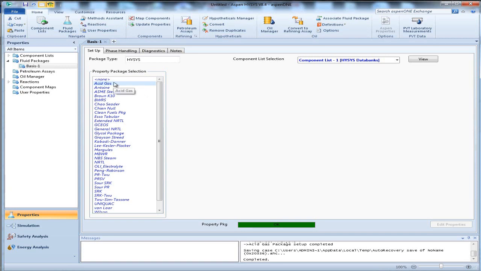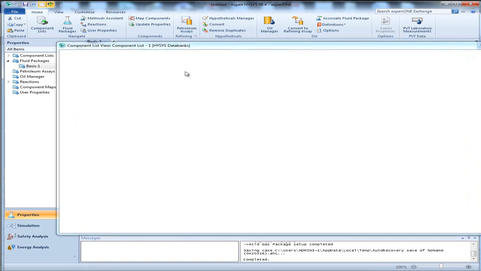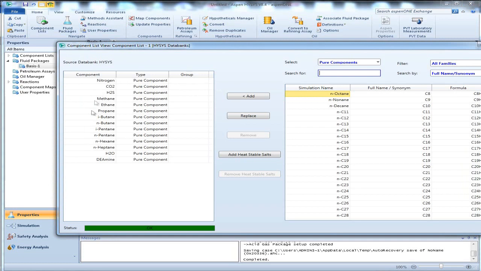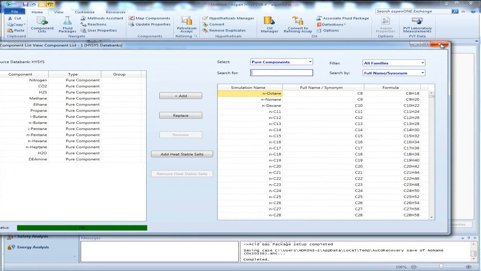So the simulator provides the right fluid package to use for this case, which is called acid gas here. After that, you can just input all the chemicals that are involved in both streams, stream 1 and stream 2. Stream 1 will be defined as the sour gas, stream 2 defined as the lean one, which you should be familiar with.